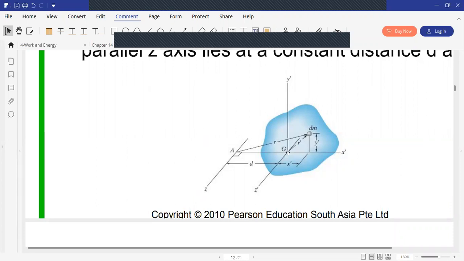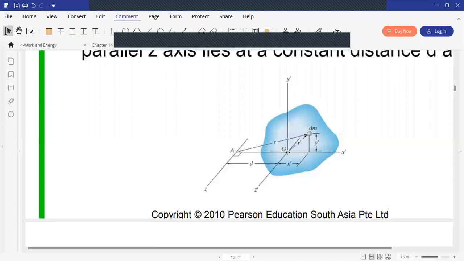Now the second term is integral x prime dm. What will give you integral x prime dm? You remember how we defined the position of center of mass? If I ask you to give me the position of center of mass, you say x prime G times the total mass equals integral x prime dm.